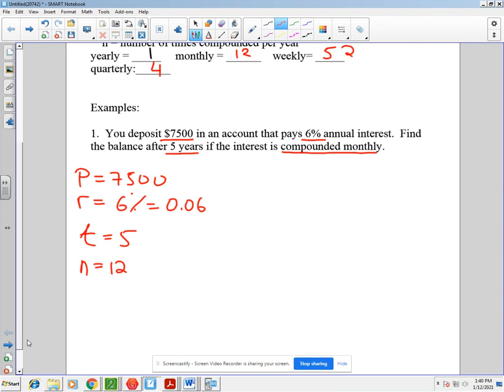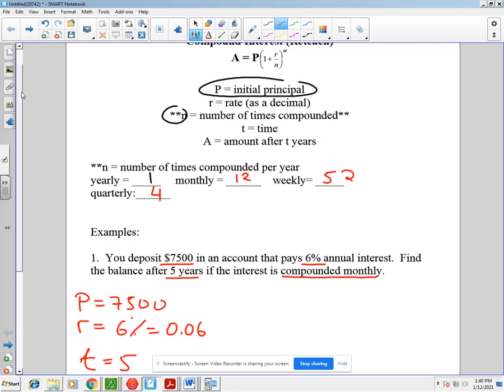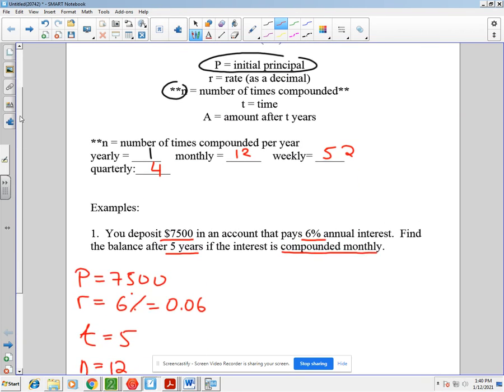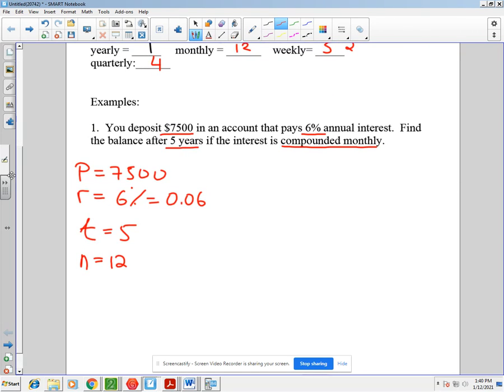Now, the formula that you see on top of the worksheet is over here, and I will copy it. The formula for compound interest is A is equal to P parentheses 1 plus R over N, and this is raised to N times T power.